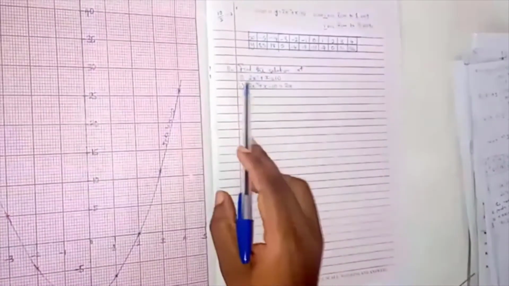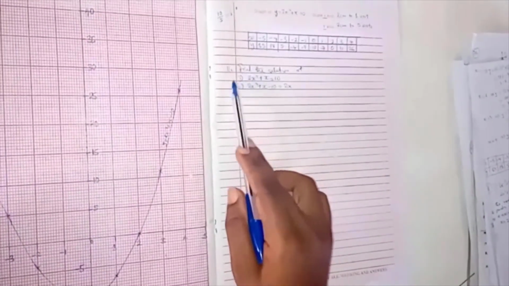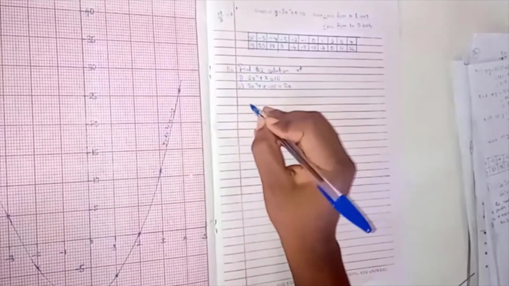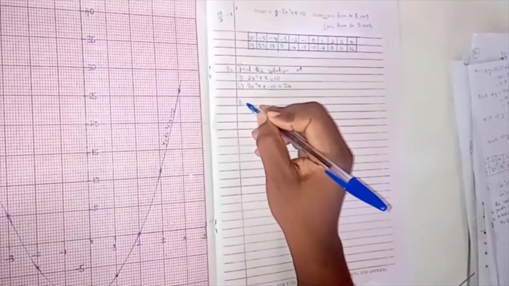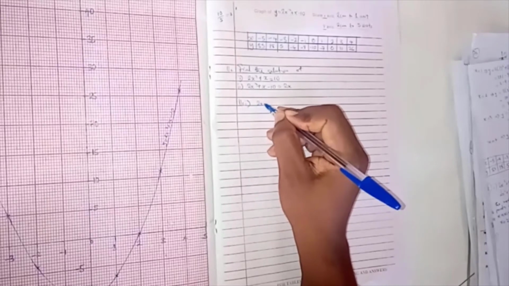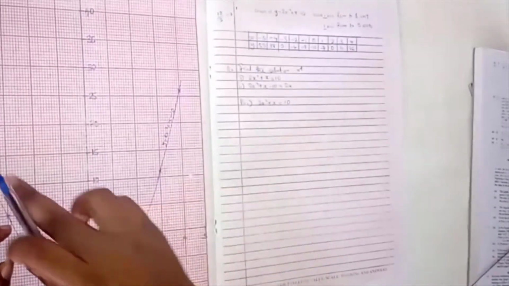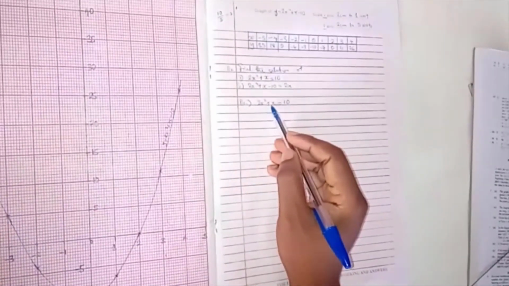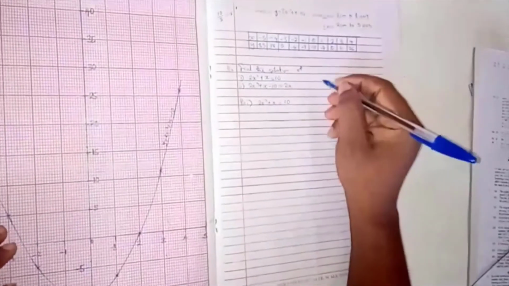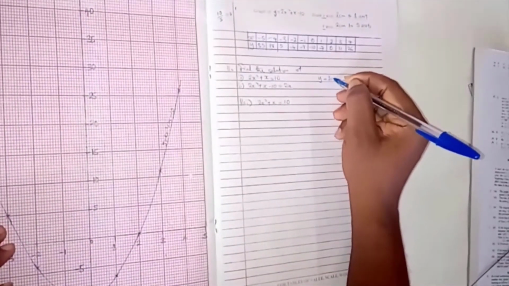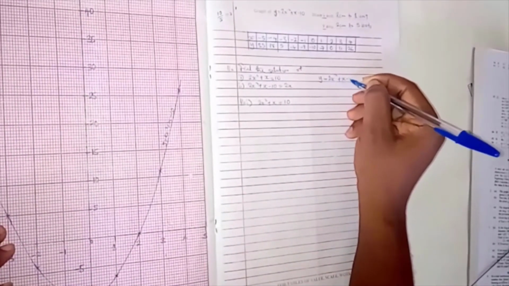All right, so to find 11ci, we have here 2x squared plus x equal to what? 10. It says we should find the solution of this using what? Our graph. So from here, we have to equate this to look like this, y equal to 2x squared plus x minus 10.